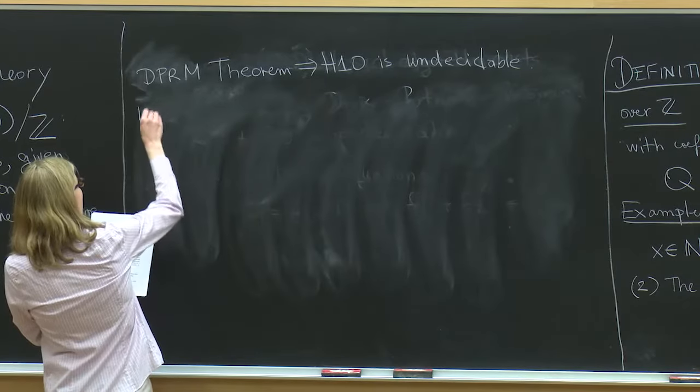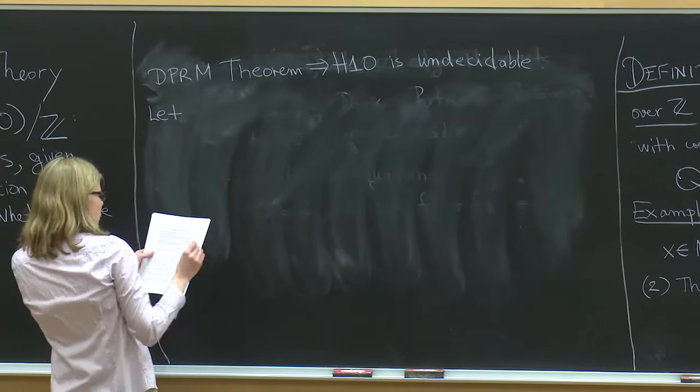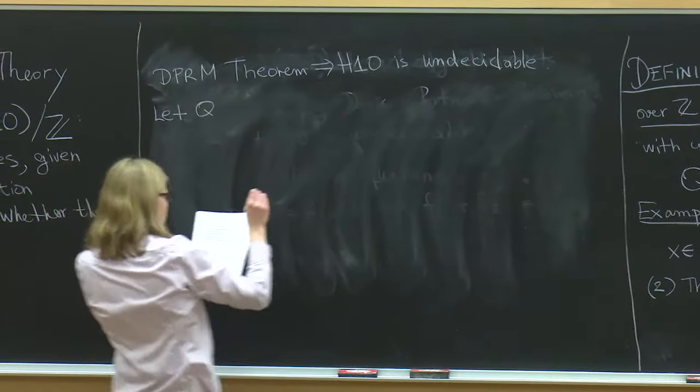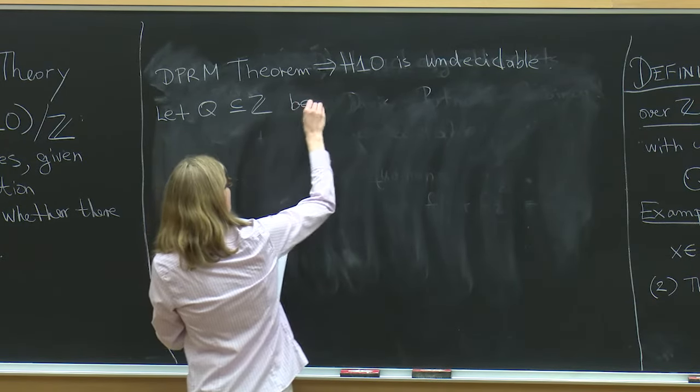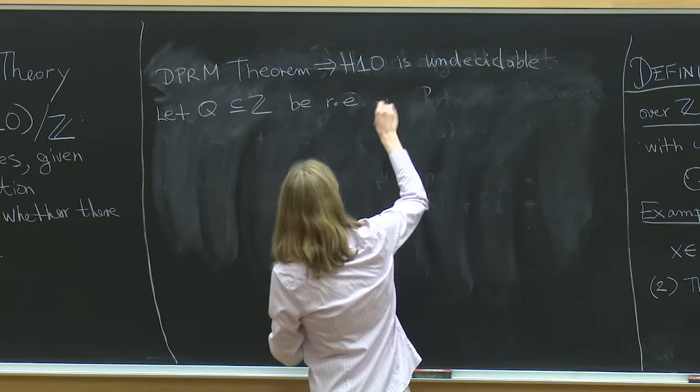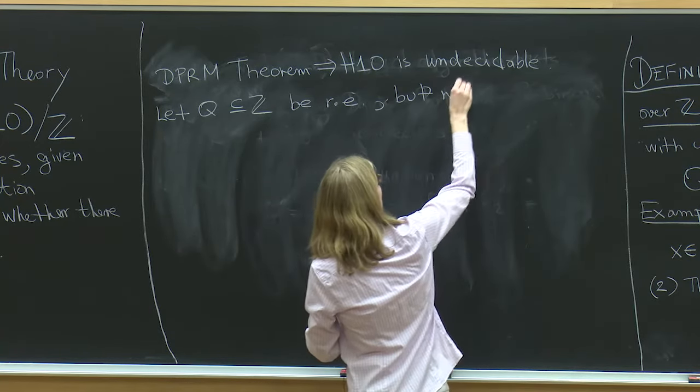So this fact that a set might be RE but not recursive is exactly how they were proving the undecidability of Hilbert's 10th problem. So let's say Q is recursively enumerable but not recursive.